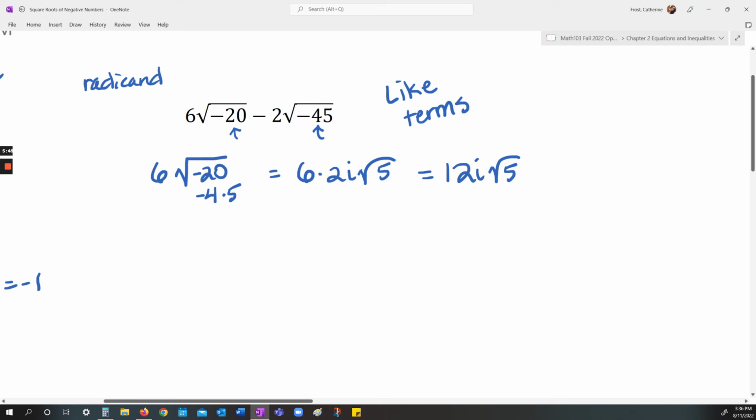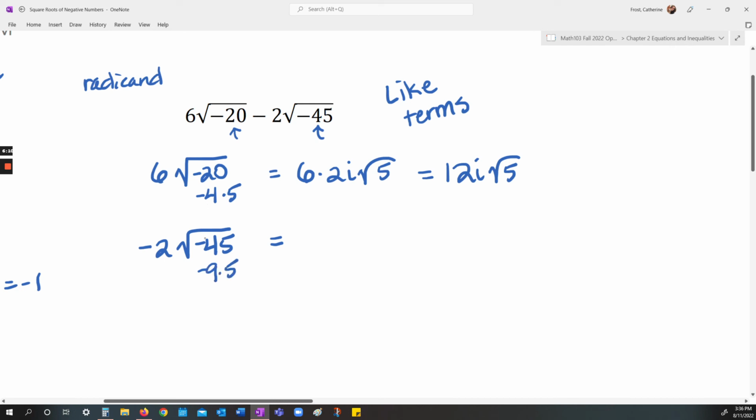Now let's do that same process with the negative 2 square root of negative 45. Same kind of thing. 45 has a perfect square factor of 9, so negative 9 times 5.